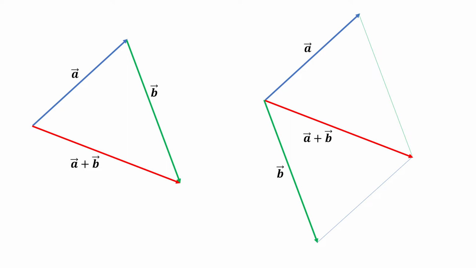All right. Now let's look at the case when we need to add several vectors, not just two: 3, 4, 5, and so on. So we look at the three vector addition and then generalize. So I have vector A. Let's say I want to add vector B to it. So we connect them at the end.